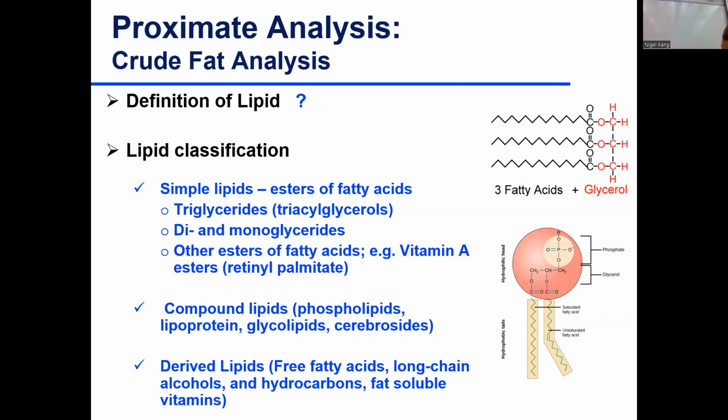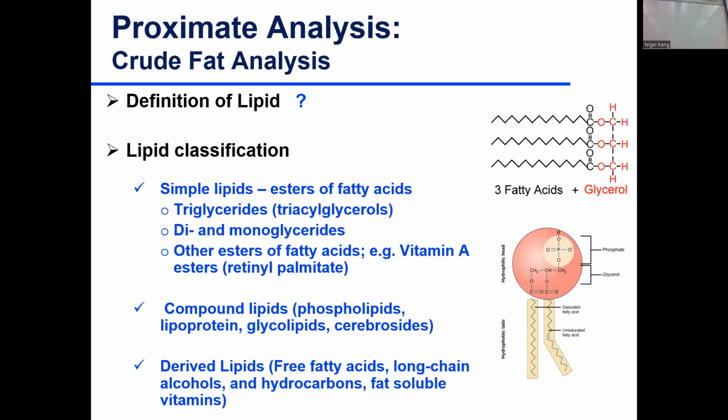But if we want to classify lipids, we can say there are three main categories for lipids: simple lipids, compound lipids, and derived lipids. Simple lipids are a series of fatty acids. So you have an alcohol like glycerol, and then let's start with triglyceride.